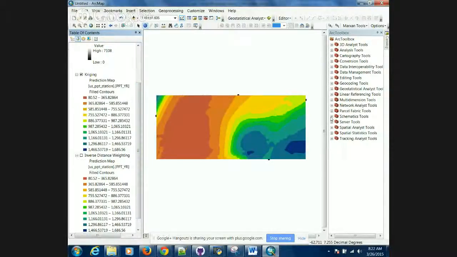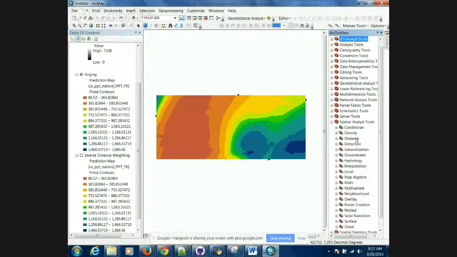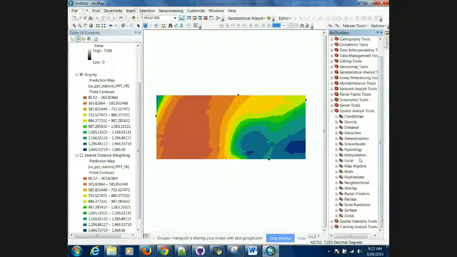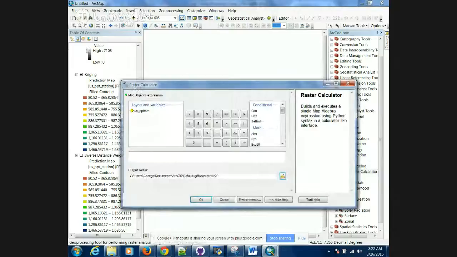We all know how to do that. Spatial Analyst, you can do it in raster calculator. I can't do it right now because, like I said, these aren't grids yet.